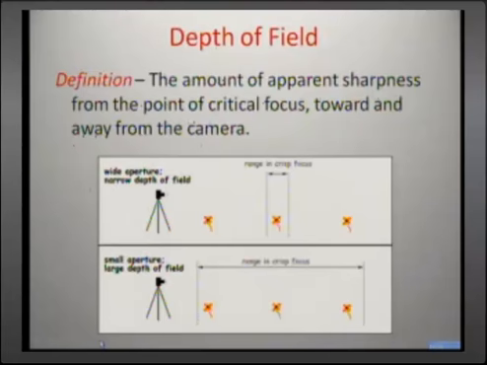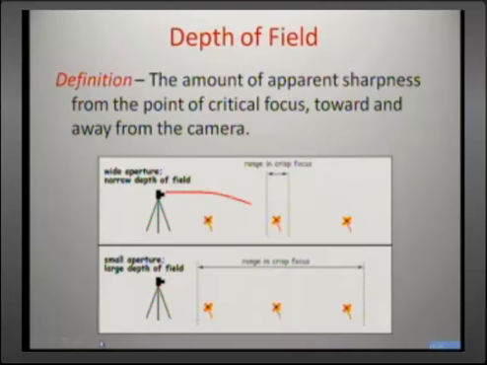Let's take a look at depth of field. Let's look at its definition. I like to define it as the amount of apparent sharpness from the point of critical focus toward and away from the camera. So let's take a look at what's happening here with this particular diagram. If we use a wide aperture, such as f1.4 that you saw on the previous slide, we can actually focus on something out here.